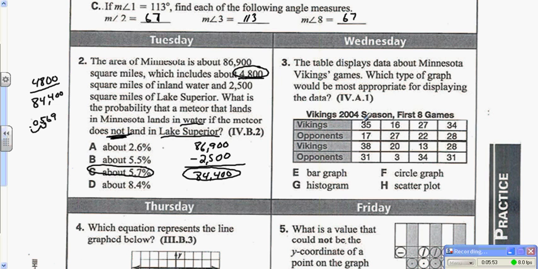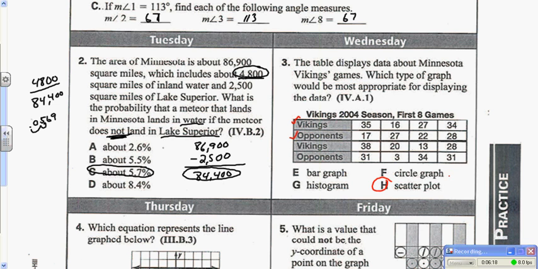A very important hint. The next question asks us, which graph is most appropriate if we're given the scores of the Vikings and the scores of their opponents in the first 8 games. Now, because we have 2 variables, the Viking score and the opponent's score, the best way to represent this data is a scatter plot.